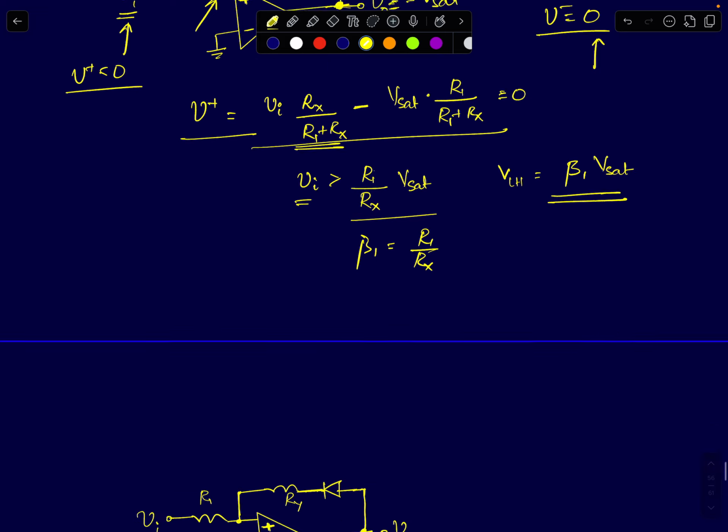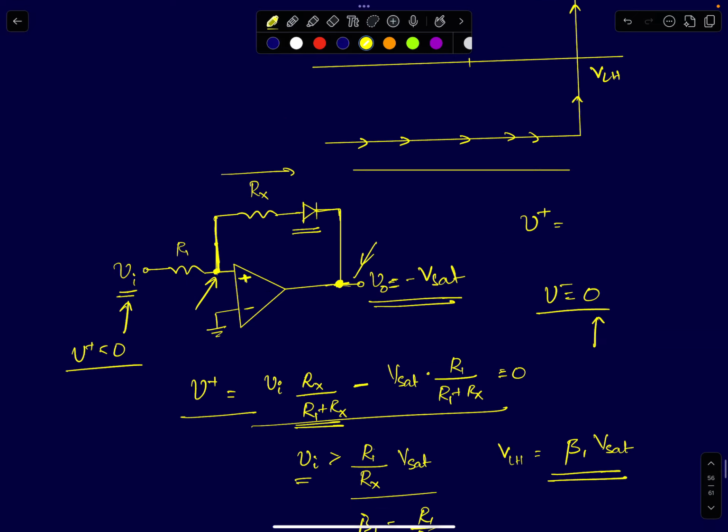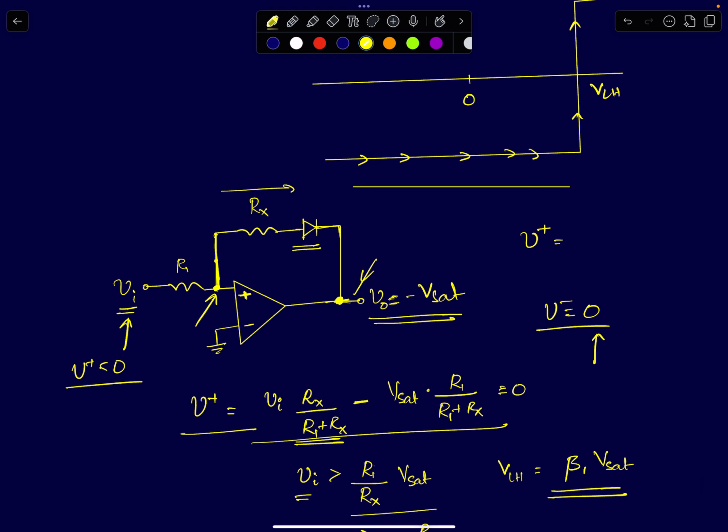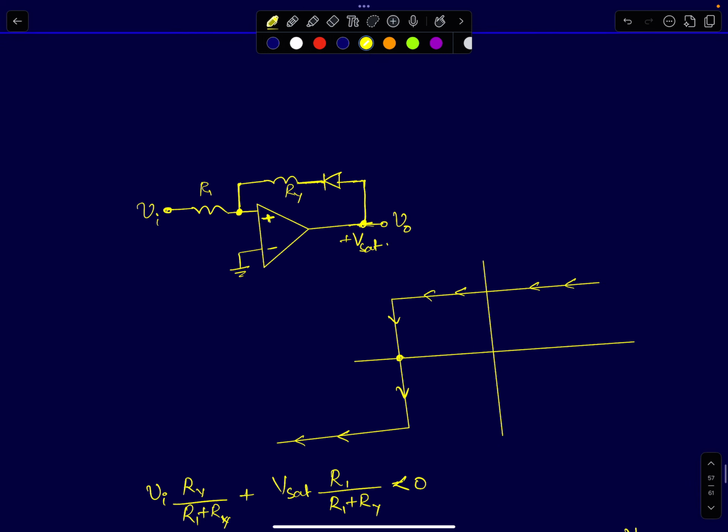When your output goes to plus VSAT, the other diode will turn on and the path through Rx will be cut off. Now your input voltage is positive. Your input voltage has reached the low to high threshold, which means it has exceeded beta 1 times VSAT. The output voltage is also plus VSAT, so this node voltage will be positive.